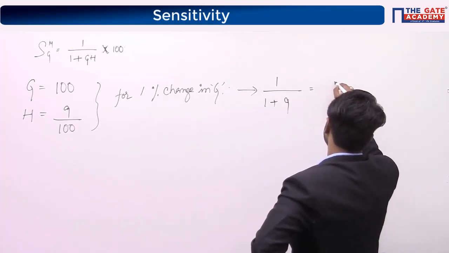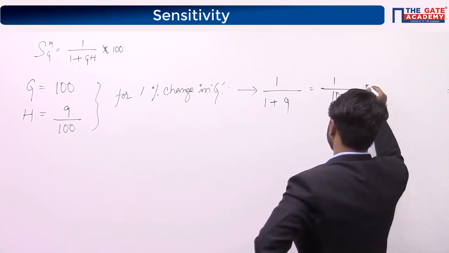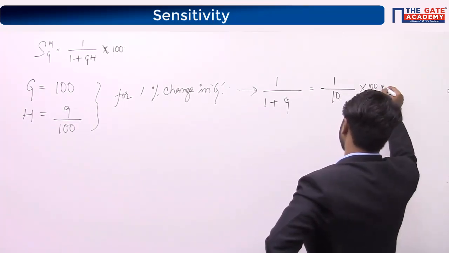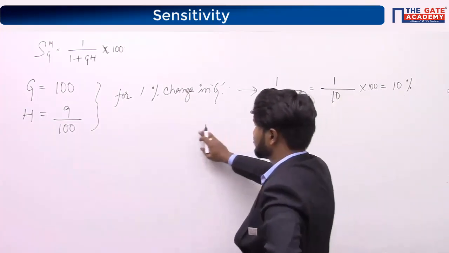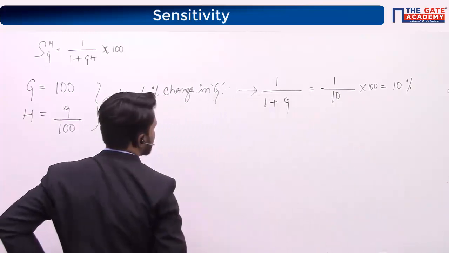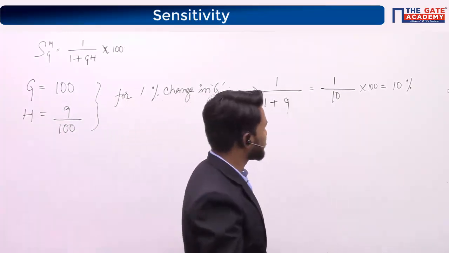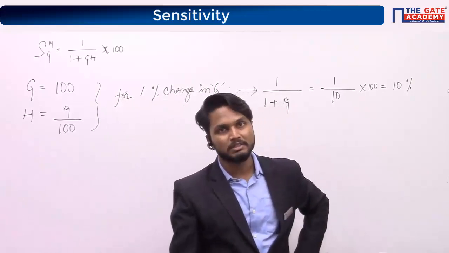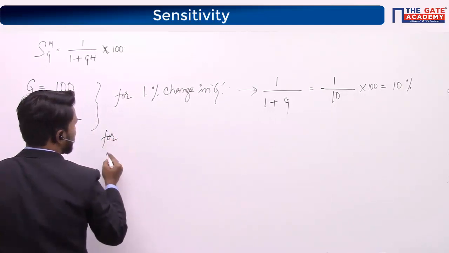That is equal to 1 by 10 into 100. That is 10% will be the change. For 1% change in G, 10% will be the change in M. Right?